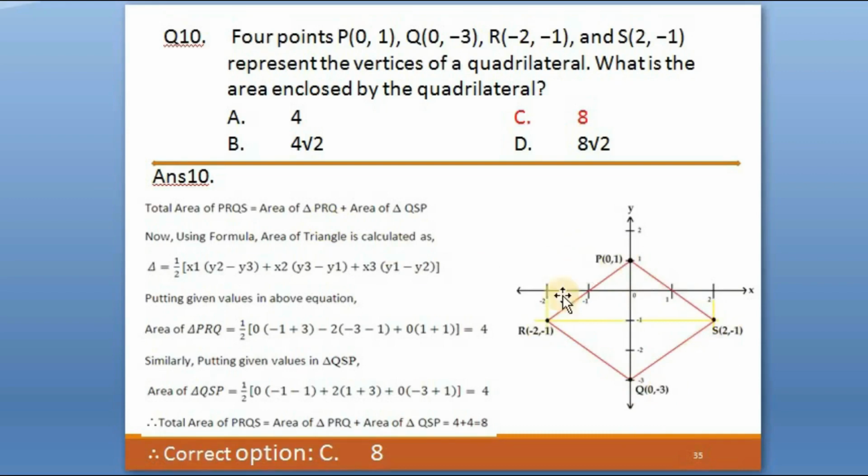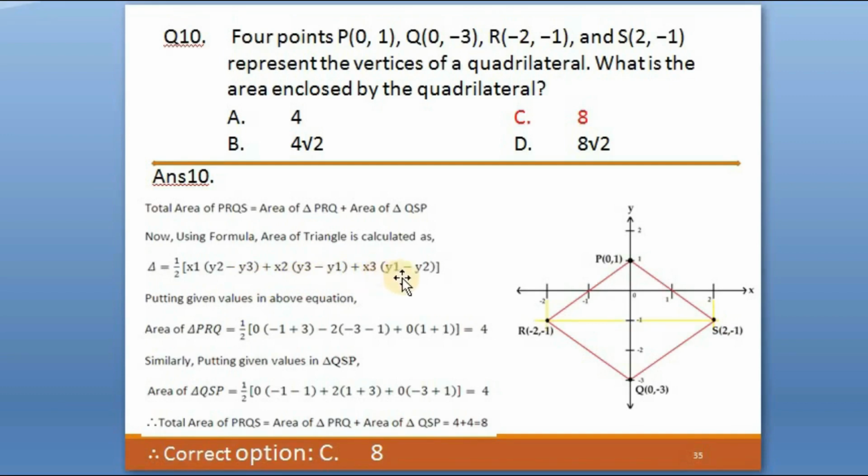So here we will apply the formula: area of triangle is 1 by 2 times x1 into (y2 minus y3) plus x2 into (y3 minus y1) plus x3 into (y1 minus y2).